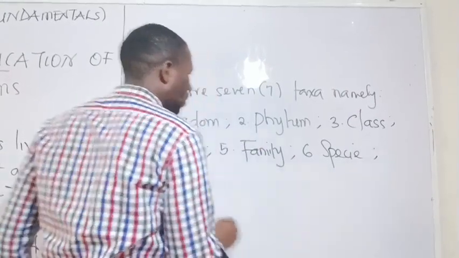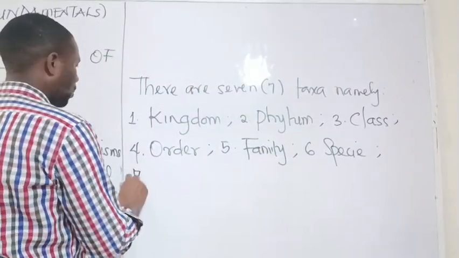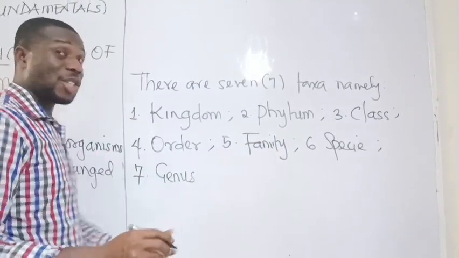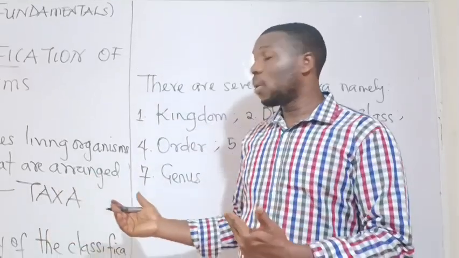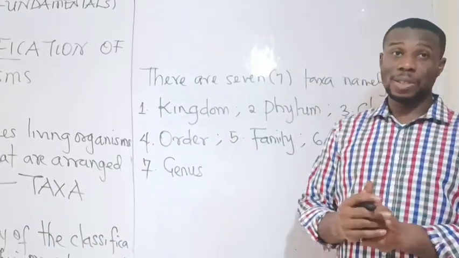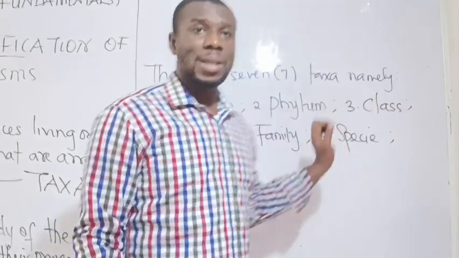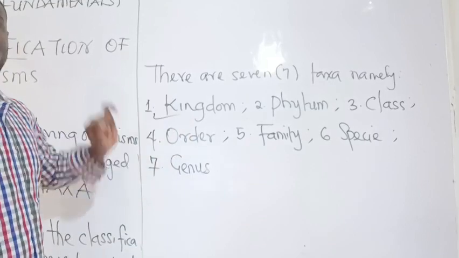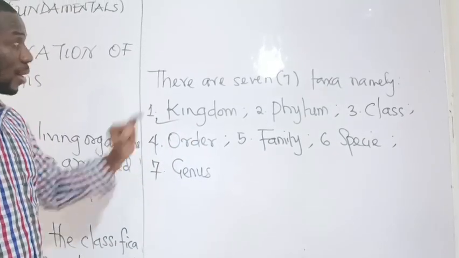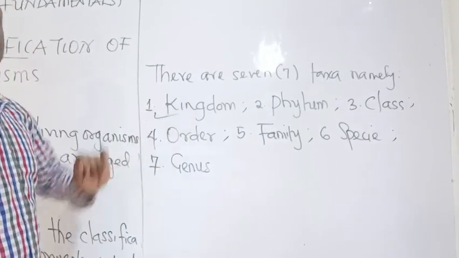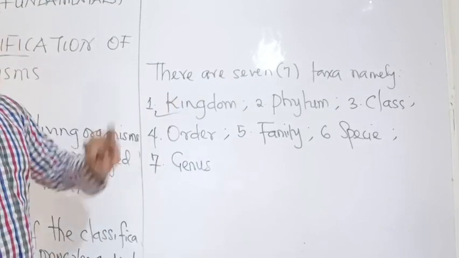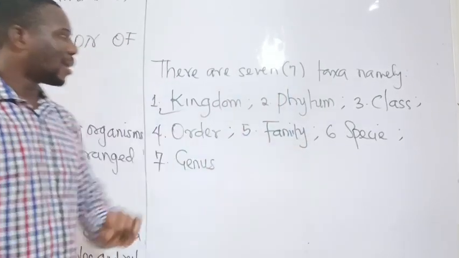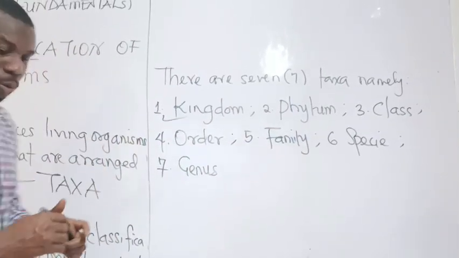Then the last but not the least of the taxa is genus, and genus is just a generic name we assign to living organisms. So basically, there are 7 of these taxa. I'll start off with the first taxa, that's the kingdom. Let's look in somewhat more detail at the kingdoms in which living organisms are placed. Then we'll talk more about the phylum, class, order, family, species, and genus.